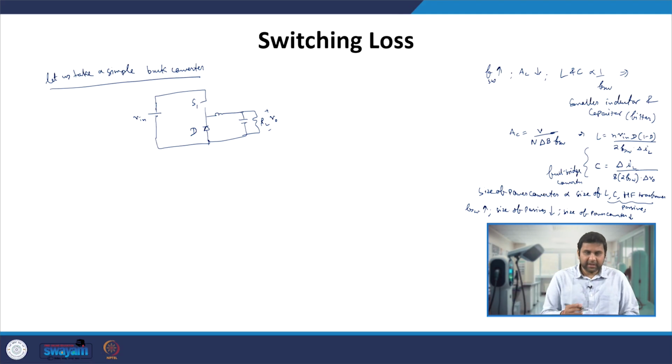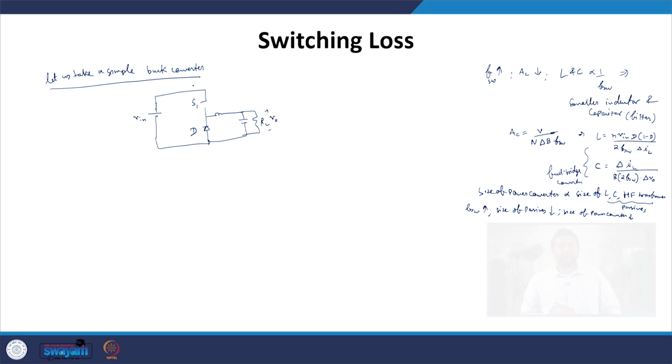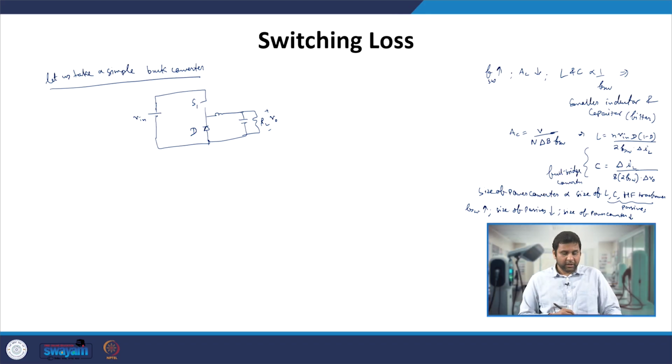Now if we look very carefully at this particular bridge, the connection of the switch and the diode, you can also get the same thing by having another switch instead of the diode. We could have synchronous rectification, where we remove this diode and connect another switch, and whenever the S1 switch is off, I will turn on the S2 switch, and vice versa. Both will have the same kind of operation.